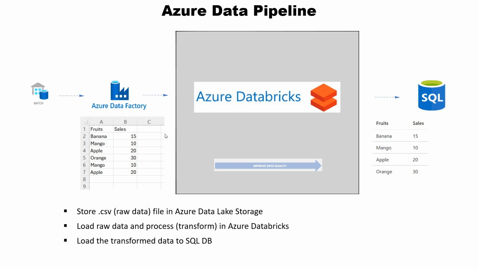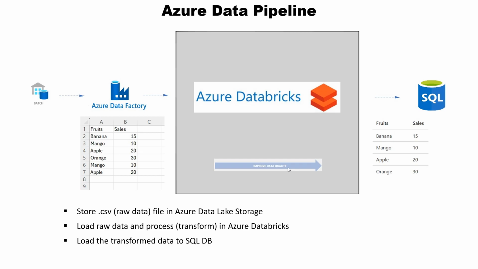This is the .csv file which has duplicate data here. For example, mango and apple are duplicated here in this file, and this file is going to be the input for Azure Databricks for data processing.